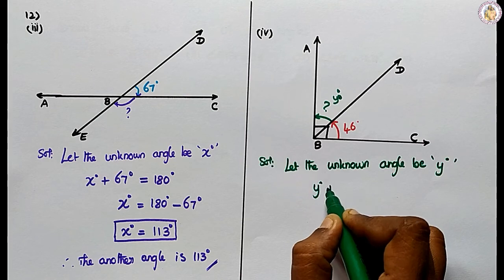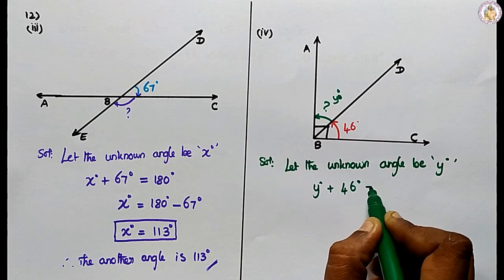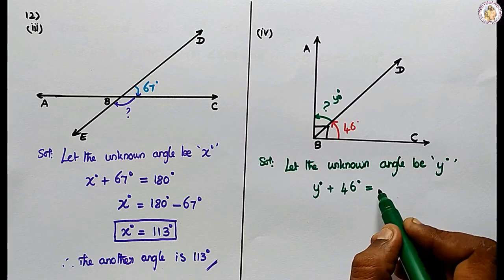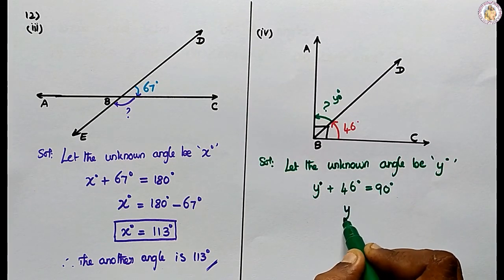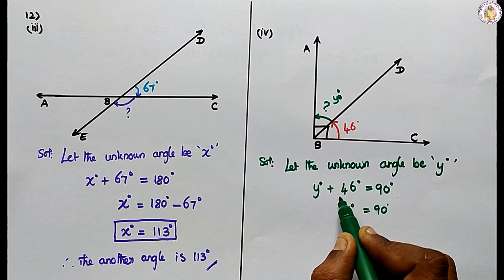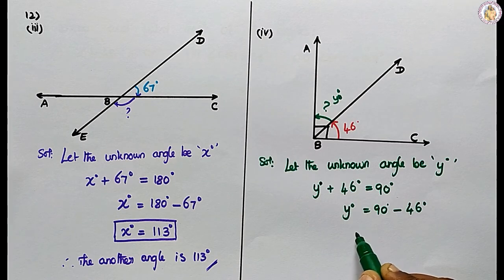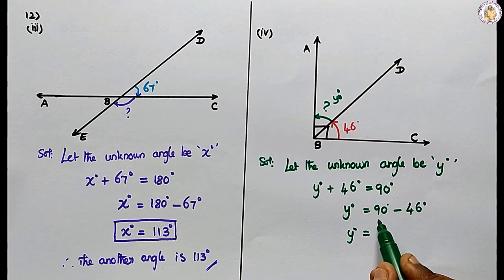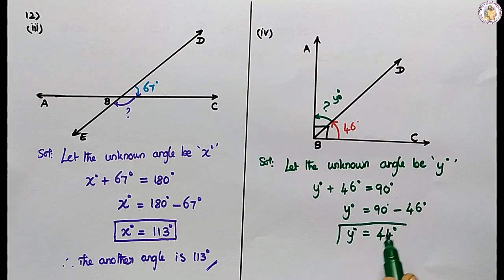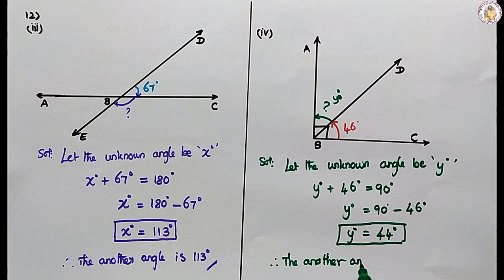So y degree plus 46 is complementary, that is 90 degree. So y degree equal to 90 minus 46, that is 44 degree. Therefore, the another angle is 44 degree. That is the answer.